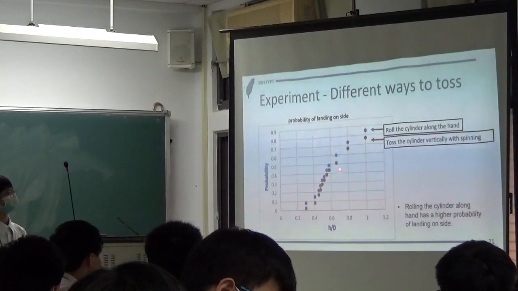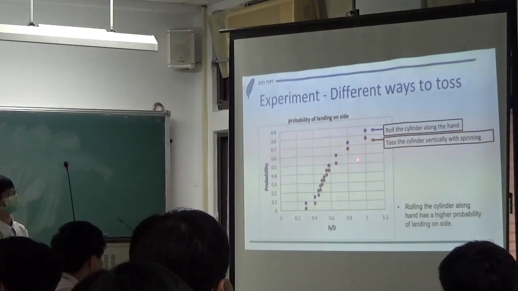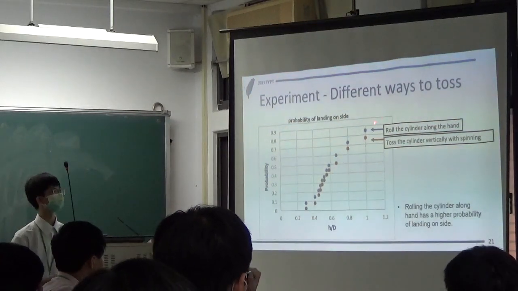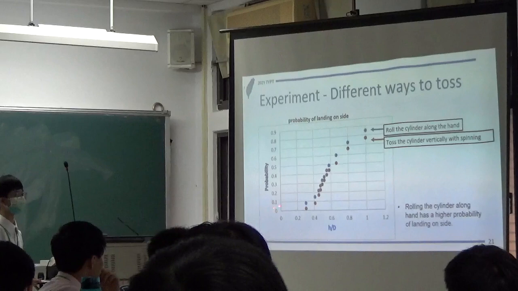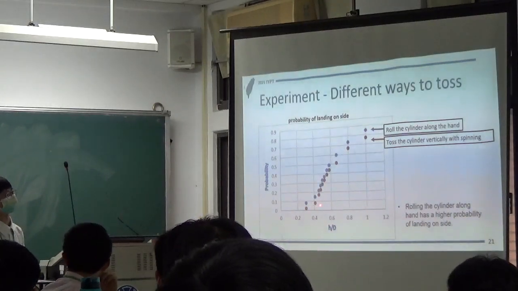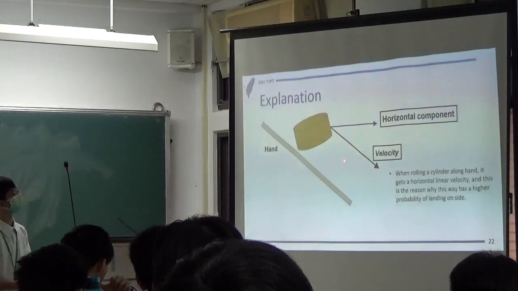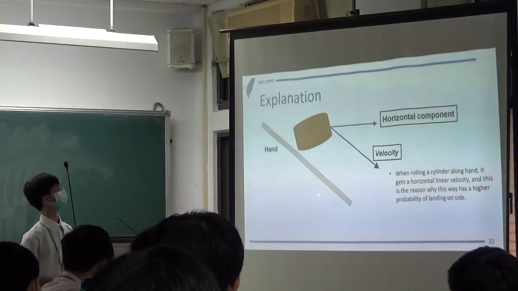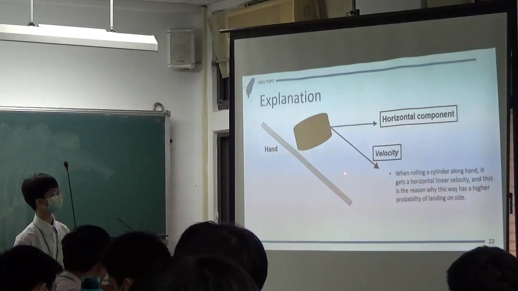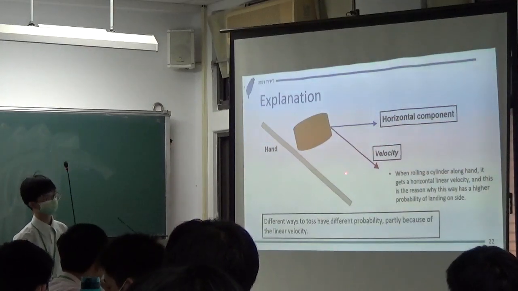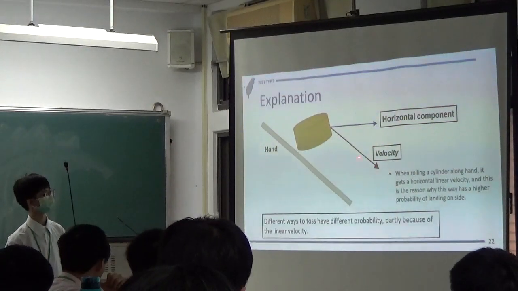So in our experiment, as you can see, the different ways to toss does affect the possibility. So there is the explanation. Different ways to toss will also affect the velocity.